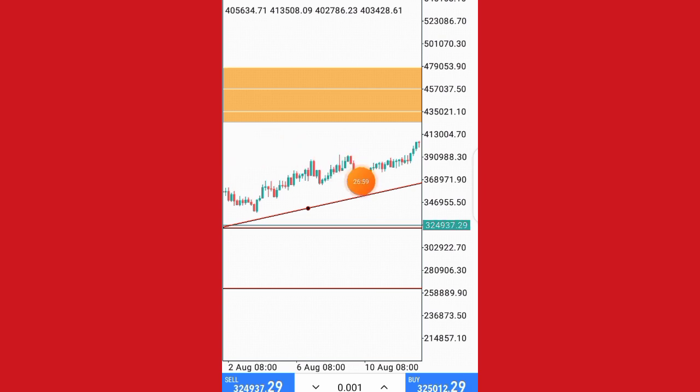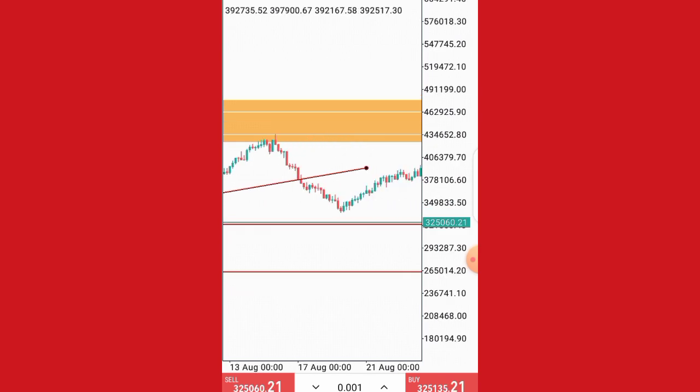We also have this one here, which is called a tweezer bottom. We didn't talk about it, but I can show you here. That's when you see a bearish and a bullish candle on the same level, like they are resting on the same line. When that happens, you can anticipate a reversal pattern.